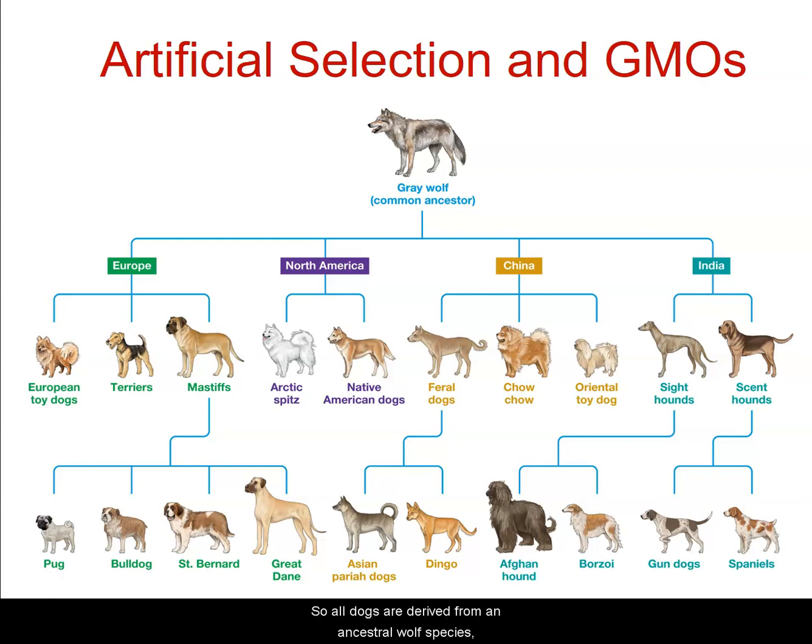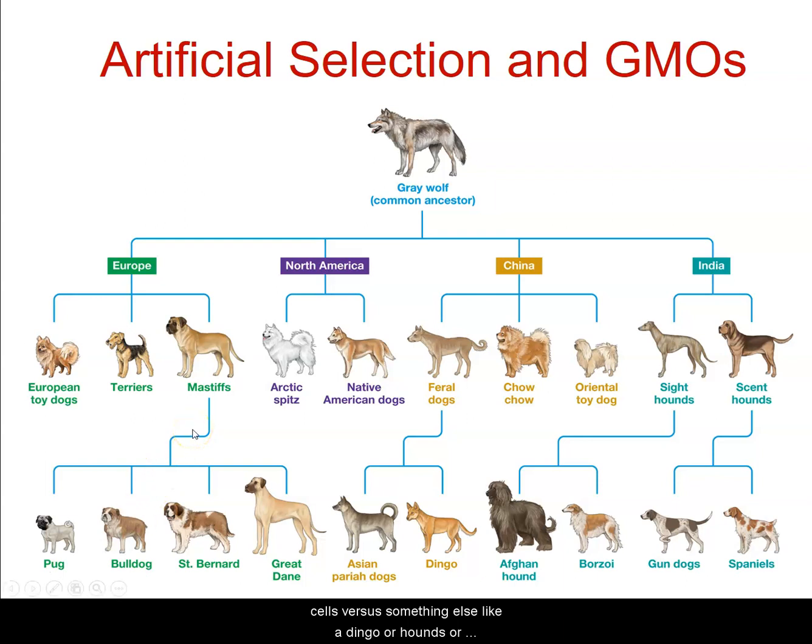So all dogs are derived from an ancestral wolf species. They have a common ancestor to wolves. What has happened, though, is that humans have manipulated the morphology and the genome, because remember, the genome, even though you're not actually digging into organism cells and changing their genes, if you select for certain features, like if you think about the face of a pug or a bulldog, you're selecting for certain features, that becomes the only type of gene available that is then in these organism cells.